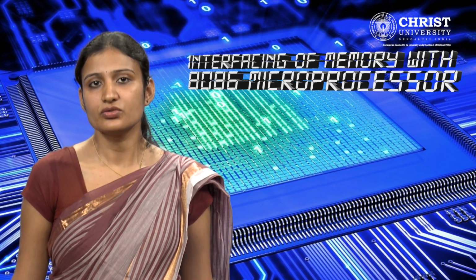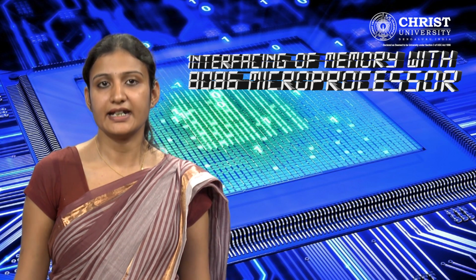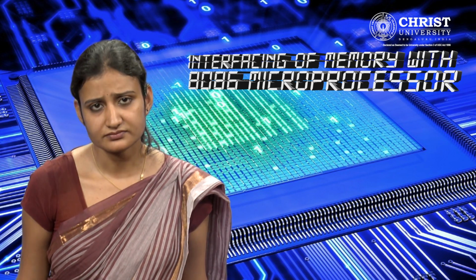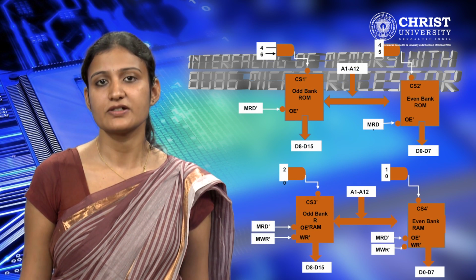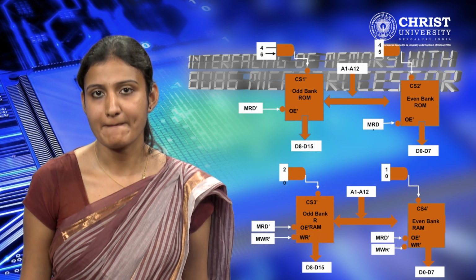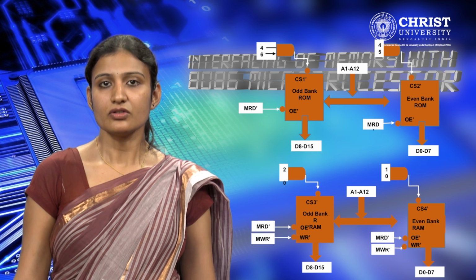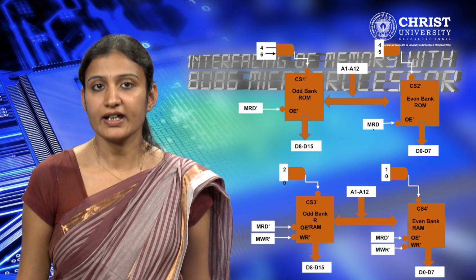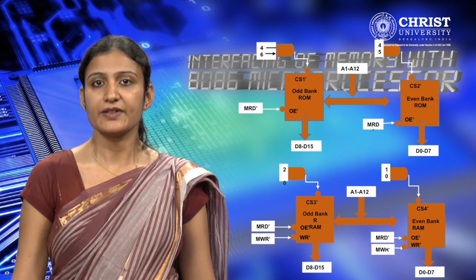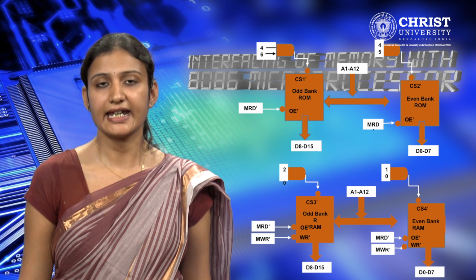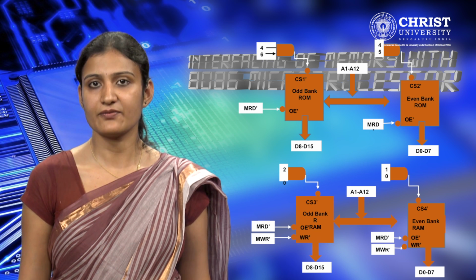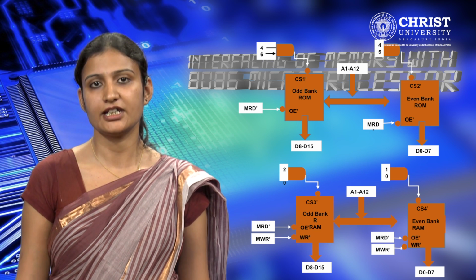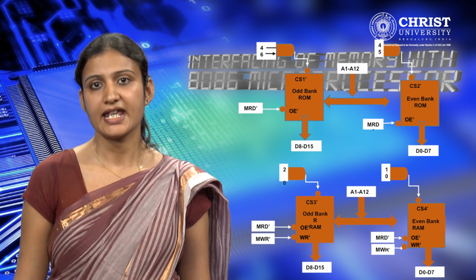Now, we will do the last step of our interfacing, that is drawing the final interfacing diagram for both RAM and ROM. So, we are first drawing the decoder with inputs A0, A13 and BHE bar connected to A0, A1 and A2 of the input respectively.